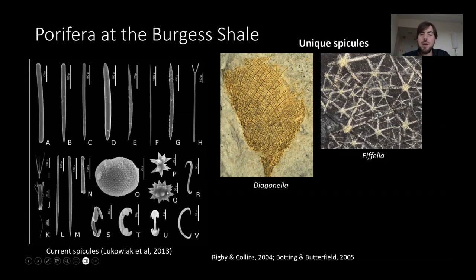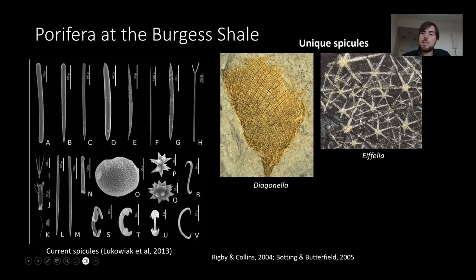But in the Cambrian, we have very unique spicules that were not present before, and are not present now. We have, for example, Diagoniella. Diagoniella is a sponge with this kind of stitch-patch type of spicules, which are very interesting because that's nothing like we see nowadays. So there was some type of spicules that at some point just went extinct.